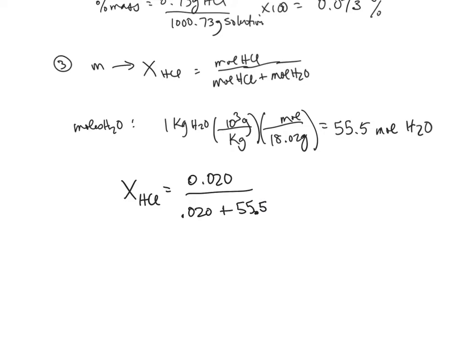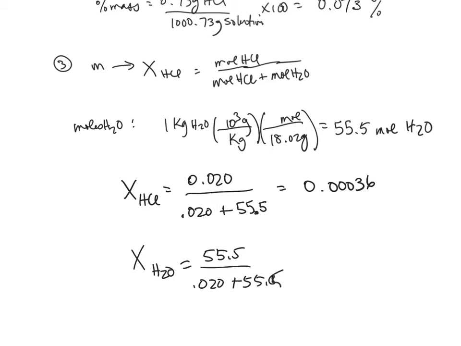So the sum of those two is the moles of the solution. This is 0.00036. And then moles of water, 55.5 divided by the same thing. And that is 0.99964, which is approximately 1.